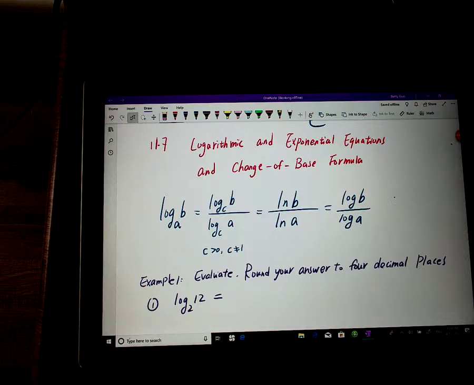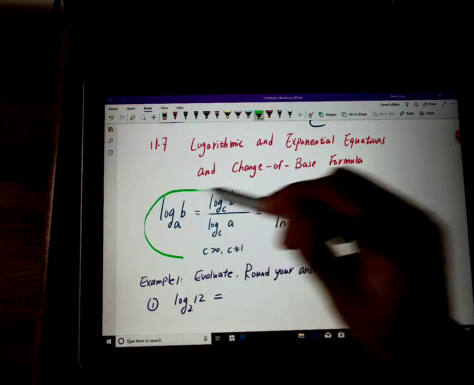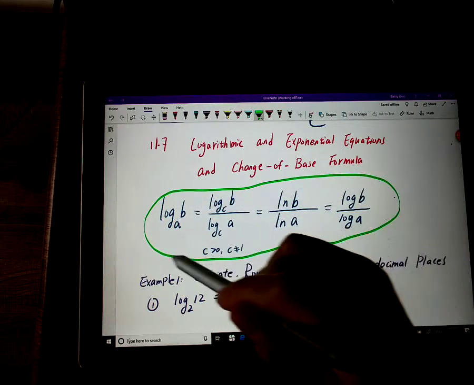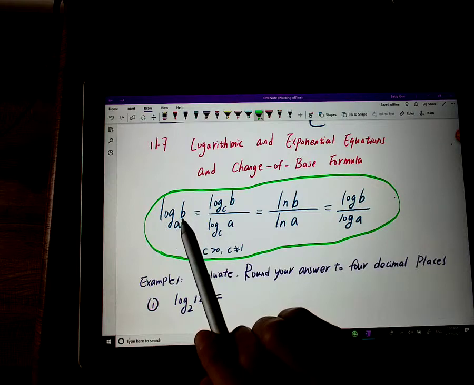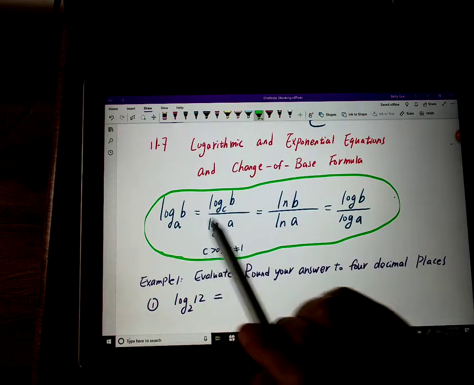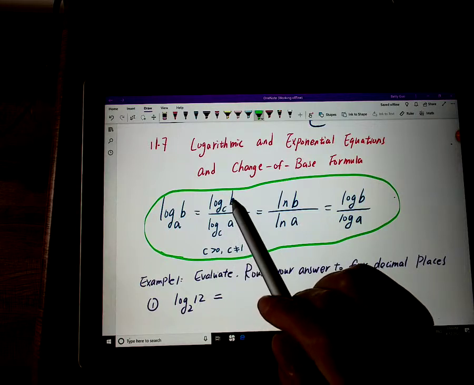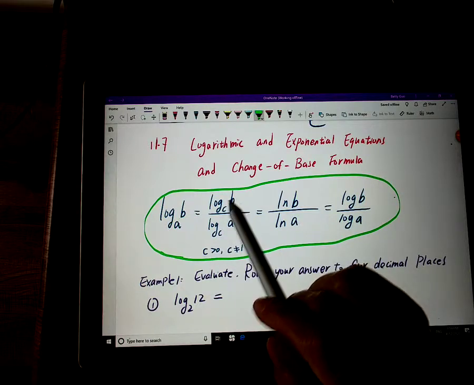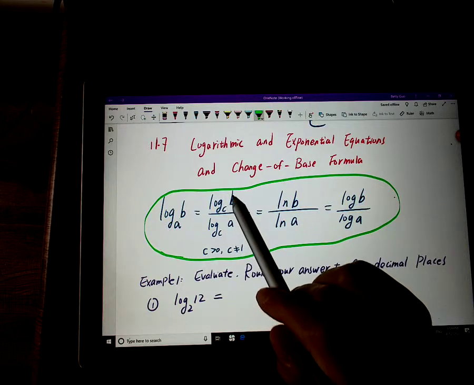We start from change of base formula. This is the change of base formula. Logarithm with base a of b could be written as a quotient of two like basis logarithms. In the numerator, we have log with base c of b.